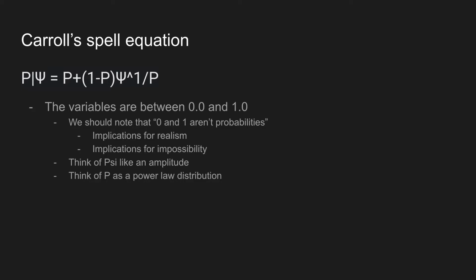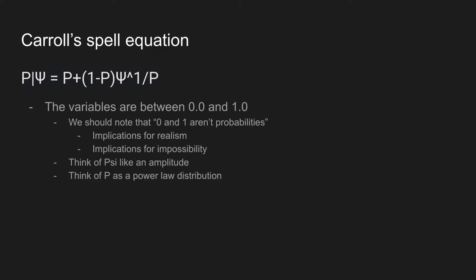Again, the variables are between 0.0 and 1.0. And I should note that 0 and 1 aren't probabilities, and this is something my guy Eliezer Yudkowsky talks about. There are implications here for realism and also for the impossible, so we'll talk about that more as we get into the video.